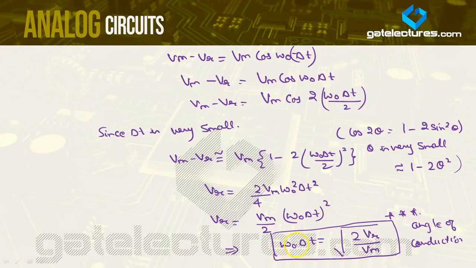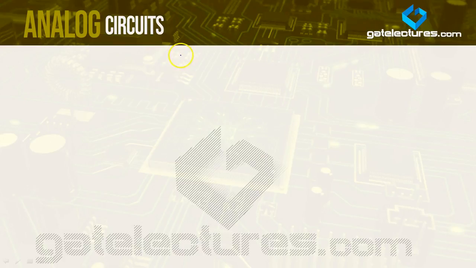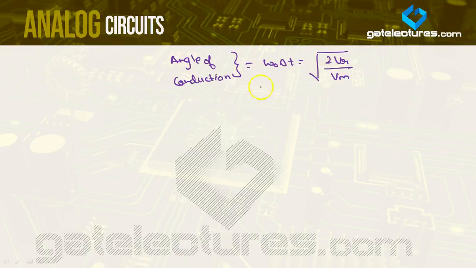Omega naught is in radians per second, t in seconds, so the seconds will cancel. This is in radians. So let me again write the angle of conduction, which is equal to omega naught delta t, square root of 2 Vr by Vm. This is very important.